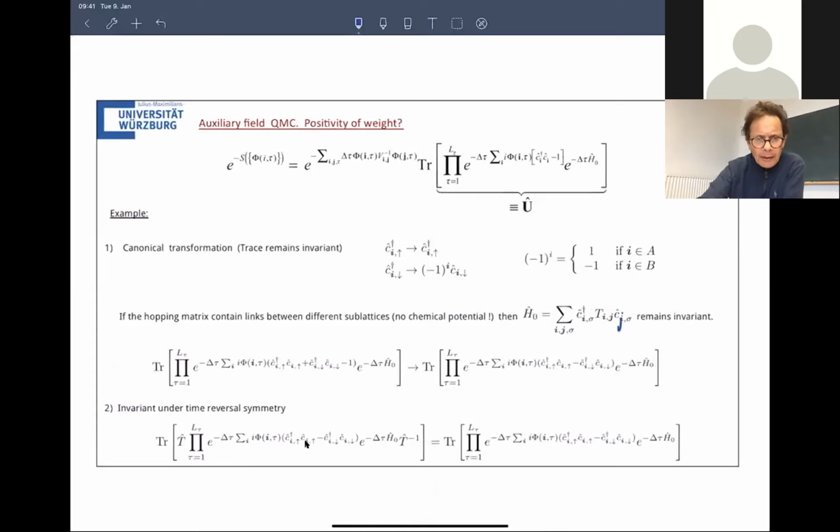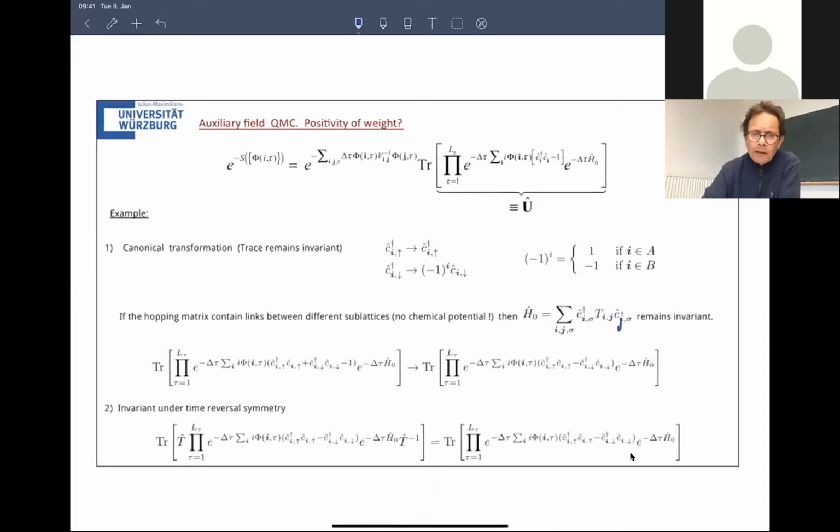And this SZ goes to minus SZ, but because I have an I here, the minus I get with the SZ going to minus SZ compensates the minus I which I have here because T is anti-unitary. So basically what I'm telling you is that this remains invariant.